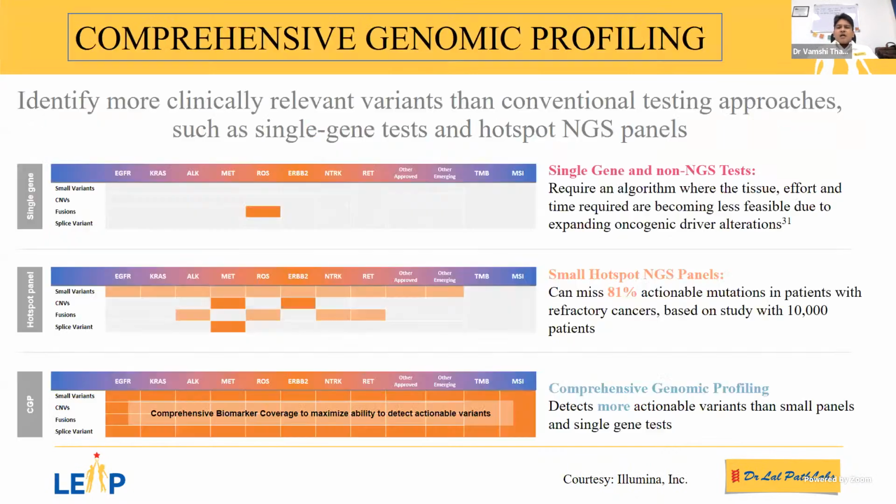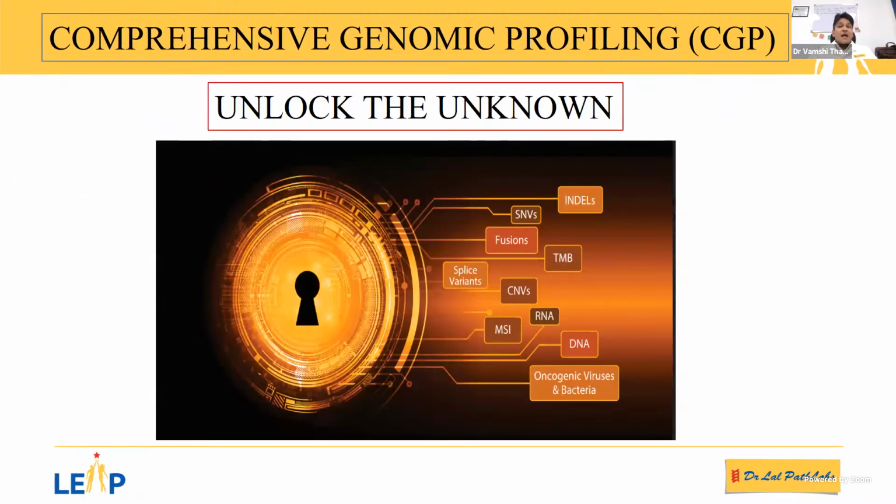So conventional testing would not look at a single gene or a small hotspot NGS panel. It would look at the entire tumor for its actionable variants, and this would be preferred because we would unlock the unknown: all the indels, single nucleotide variants, fusions, your splice variants in the form of MET exon 14, copy number variations, and your MSI, which is a tumor agnostic marker as well. You can look at all of this by comprehensive genomic profiling.